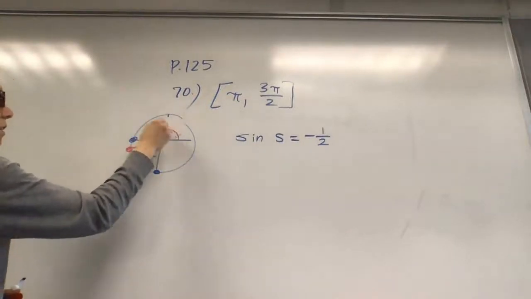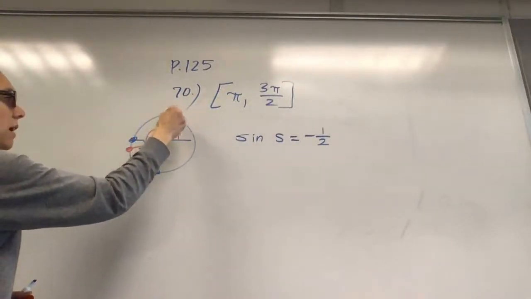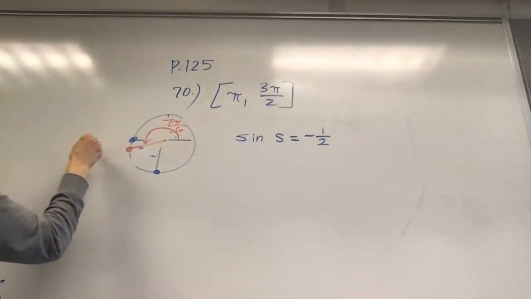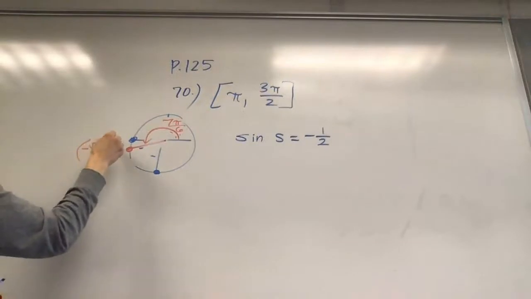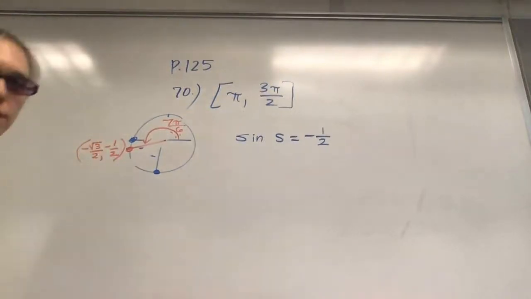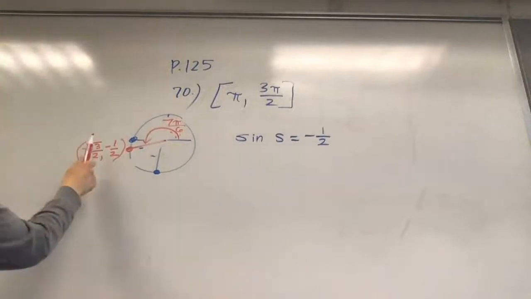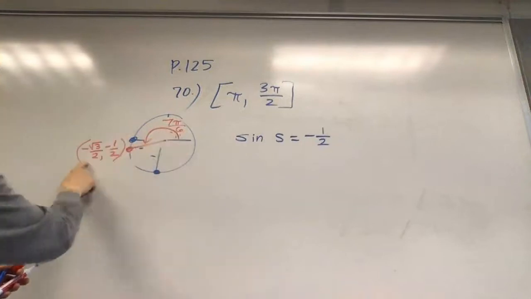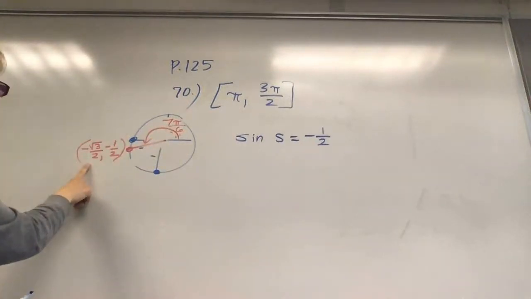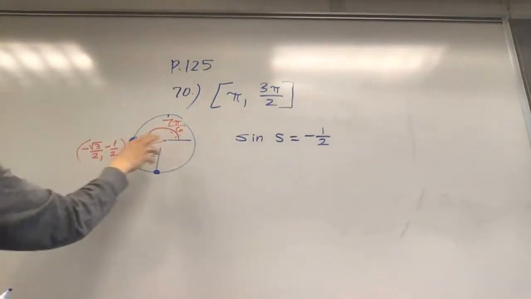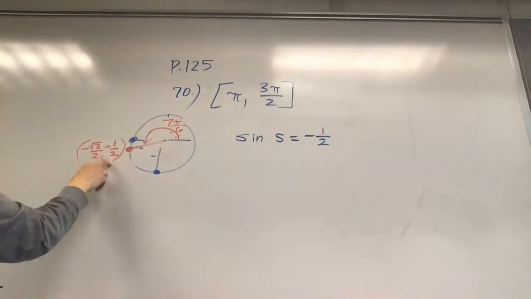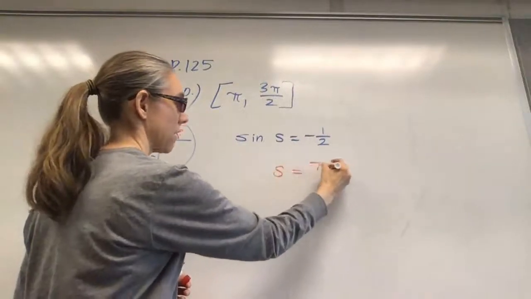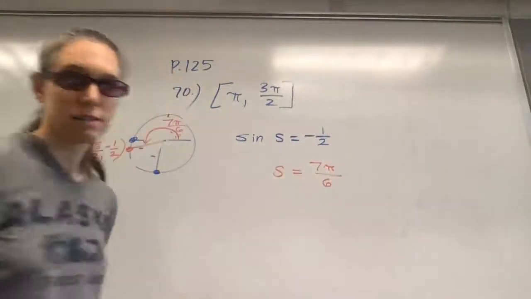Okay, this value right here, which is 7 pi 6, has the point -root 3 over 2, comma, -1/2. And that point means that the cosine value at 7 pi 6 is -root 3 over 2, and the sine value at 7 pi 6 is -1/2. That means that S is 7 pi 6.